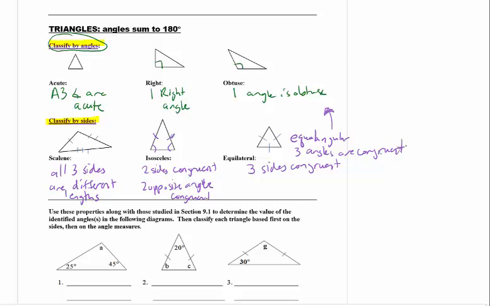So if I asked you what the angle measurement is for an equilateral triangle, you really shouldn't have to go through that formula. If I said it's a regular polygon, that's equivalent here to equilateral. Since we know that the sum is 180, and we divide by 3, each angle inside would be 60 degrees.